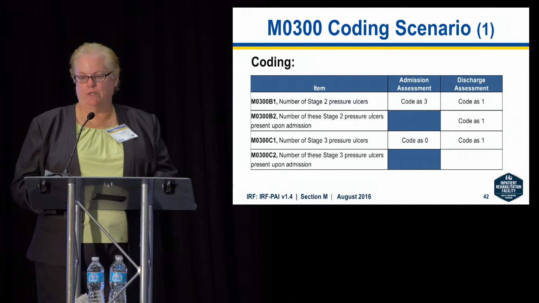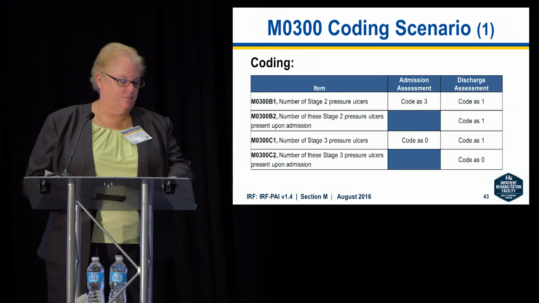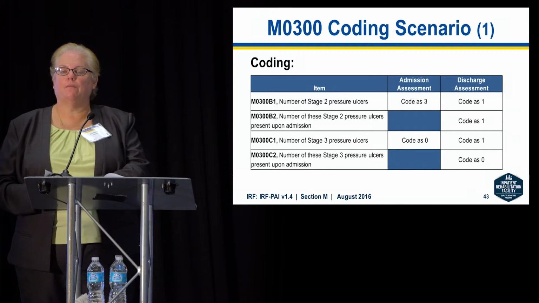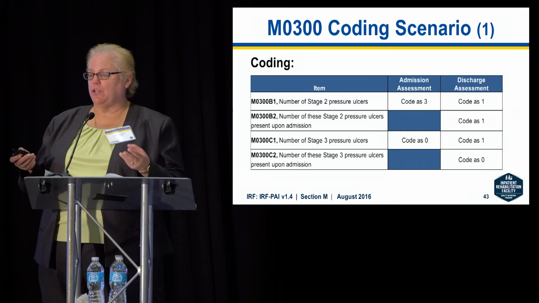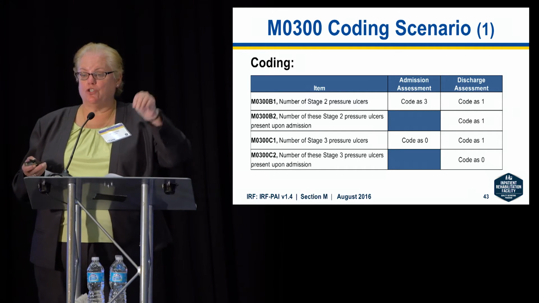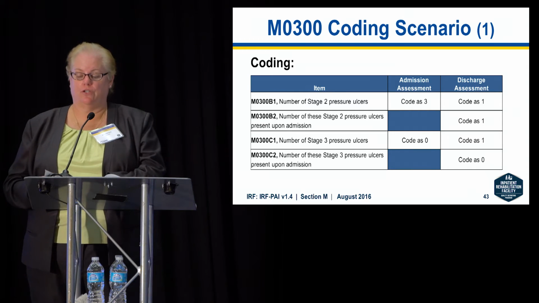How many of them were present upon admission? Mixed feelings here. What do we have? Anyone? 0? Right. They didn't have, because she was admitted. Think about that. How many of them were on admission? She didn't have any, right? She had 3 stage 2s on admission. She didn't have any stage 3s.